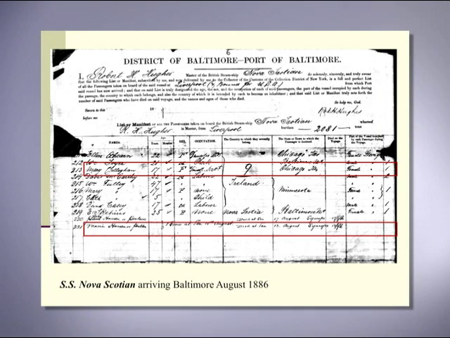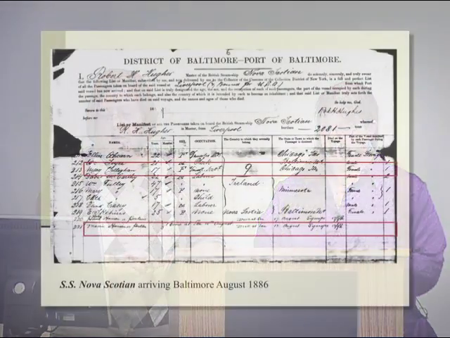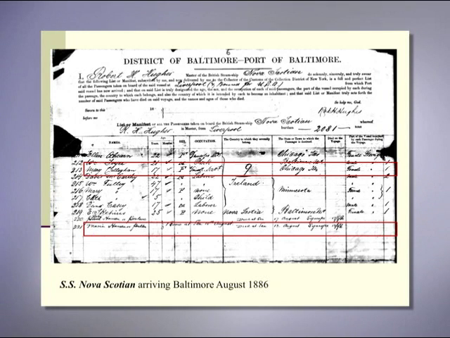Since this information was taken down orally, it's very possible that the person providing the information had an accent and the person taking it down just couldn't understand if it was Howson or Polson. So they wrote both. They were both born at sea on August 10th, and on August 12th, Maria died, and Pete died on August 17th. So they were less than a week old, and they both died.